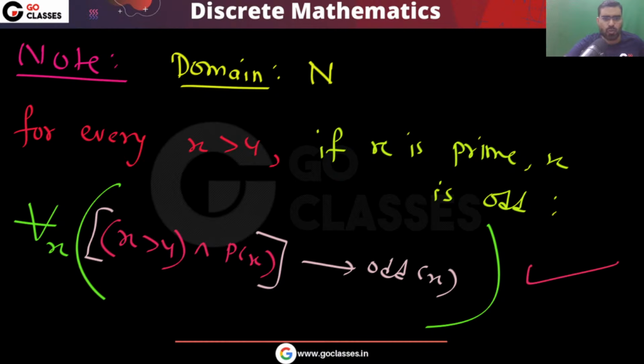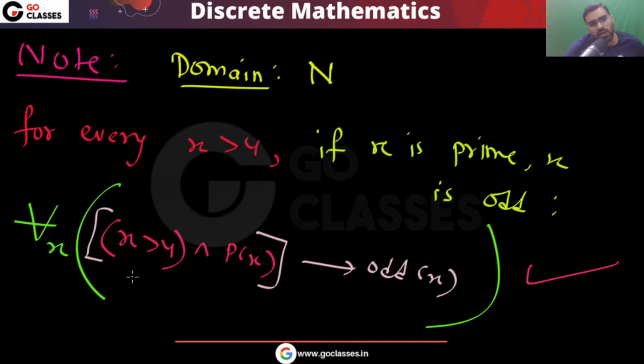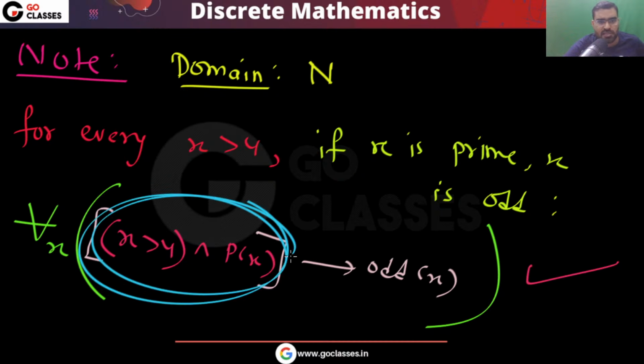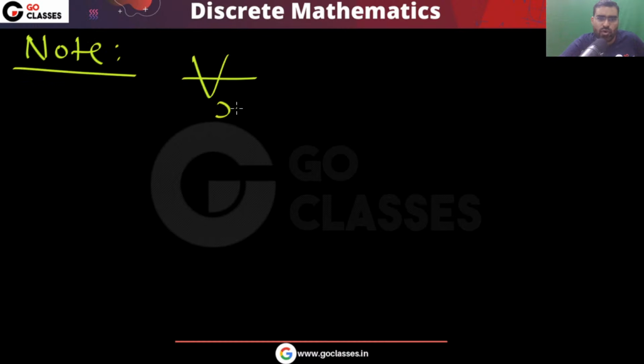Is this clear? So both are correct. Either you put it here, or you write it like this: for every x, if it is greater than 4 and prime, then it is odd. The important point that I want to tell you is this: if you have this type of situation that for all x, let's assume the original domain is this.